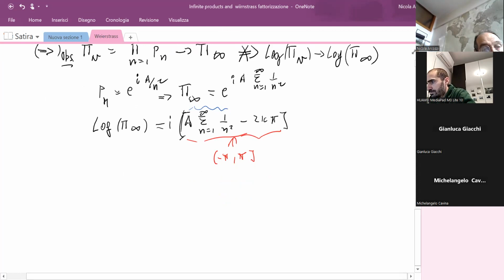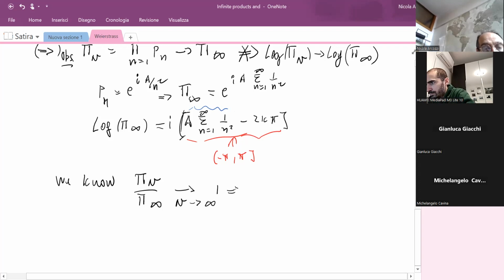What we know for sure is that if I consider p_n, we know that p_n over p_infinity, as n goes to infinity, goes to 1. So when I consider the logarithm of p_n over p_infinity, that goes to 0.